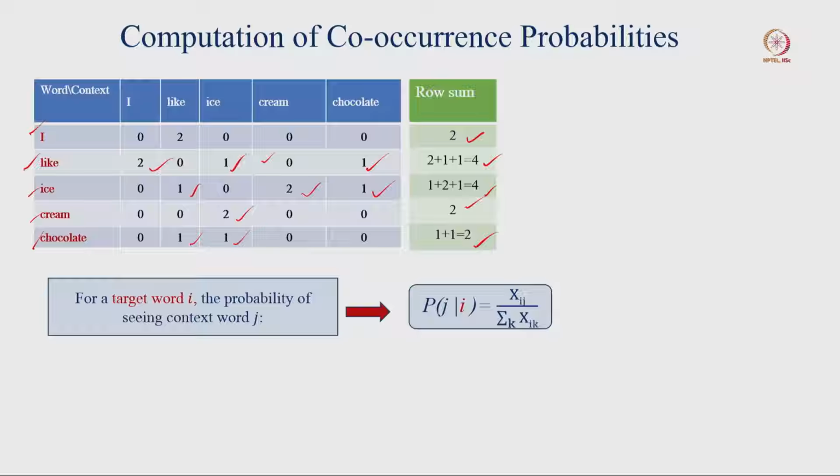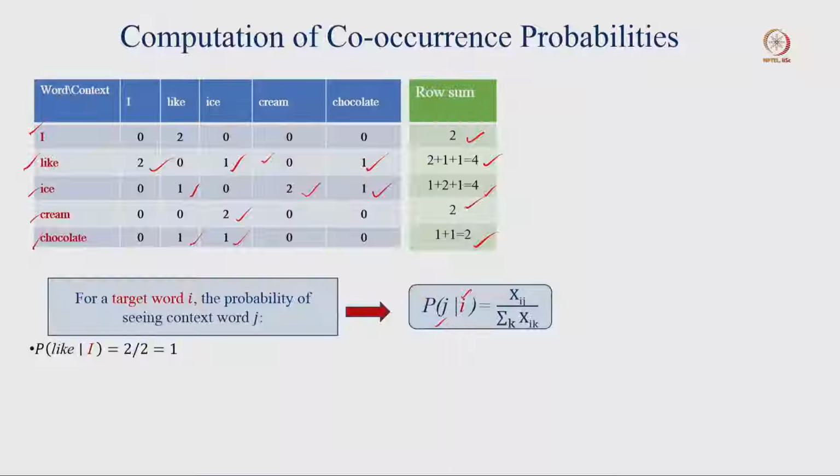These are my target words, highlighted in red. So, for a target word i, the probability of seeing the context word j is equal to X_ij, that means the number of times i and j are coming together, divided by the summation of X_ik, the co-occurrence with all the other words, summed up. So, we will see what exactly is the probability of "like" given "I".